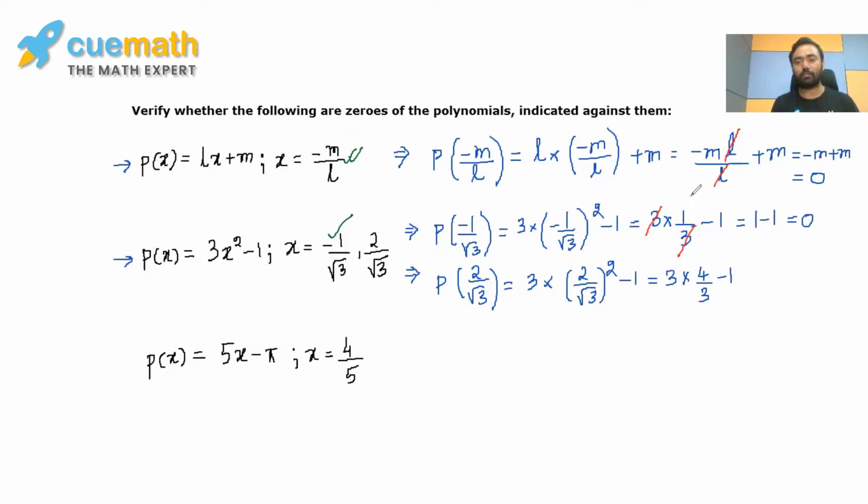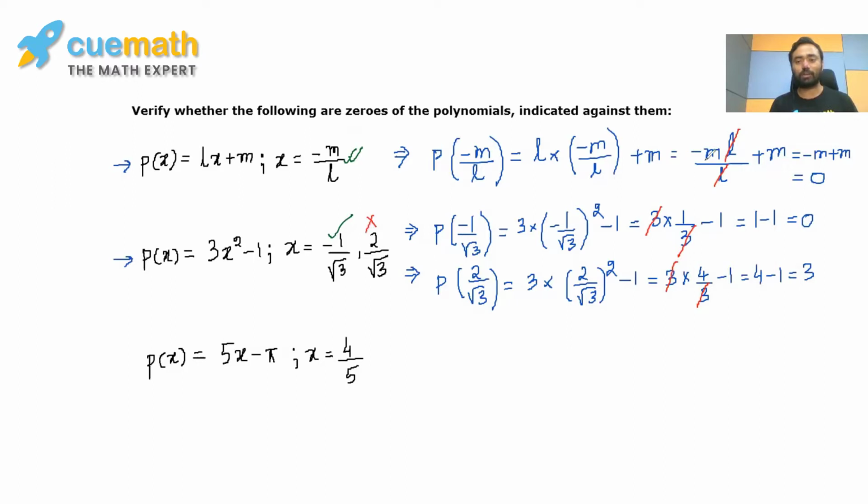And once we eliminate the common factors, we are going to get 4 minus 1. So 4 minus 1 is nothing but 3. Since we are not getting a 0 here, the value of the variable 2 over square root of 3 is not the 0 of the polynomial p of x. So we can cross this out.